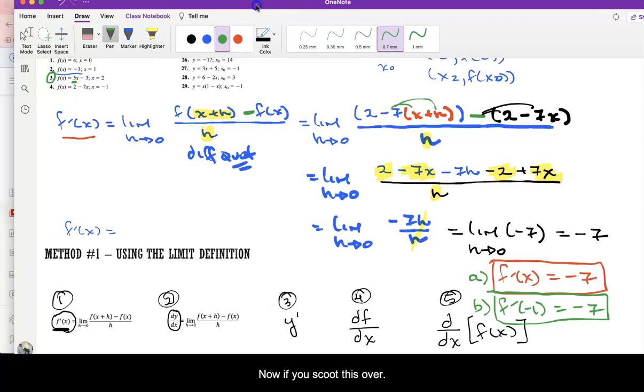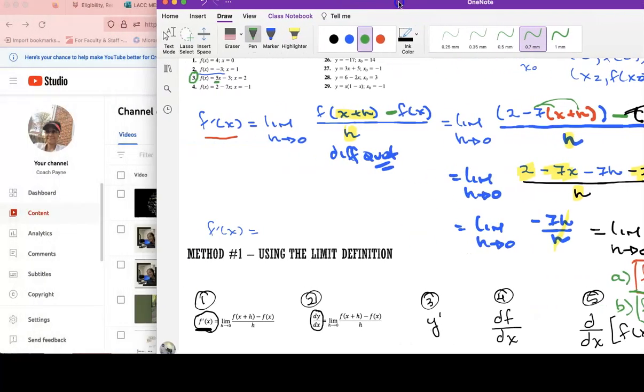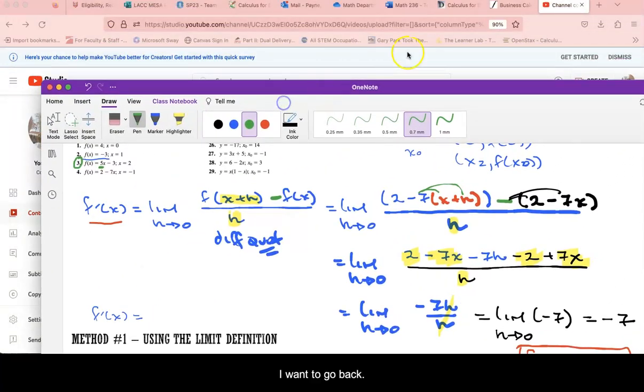Now, if you scoot this over, no, that's my YouTube. I want to go back. Someone said going back between the windows is a little confusing.